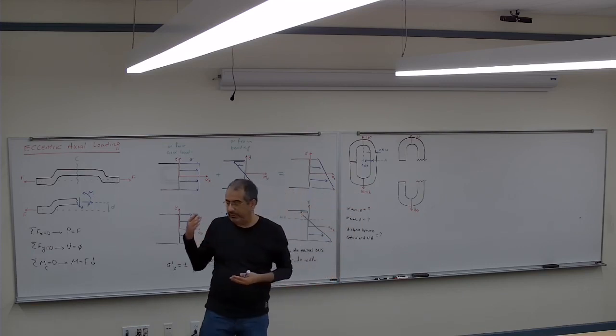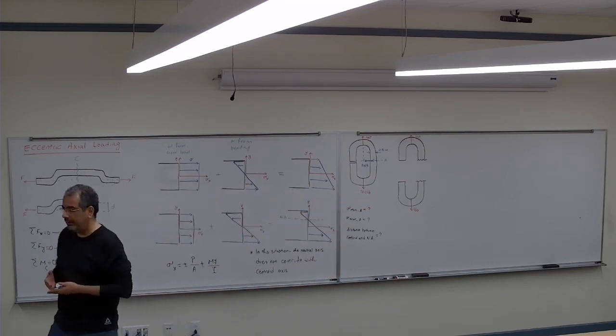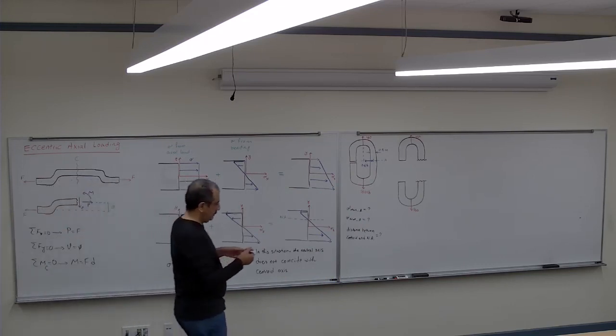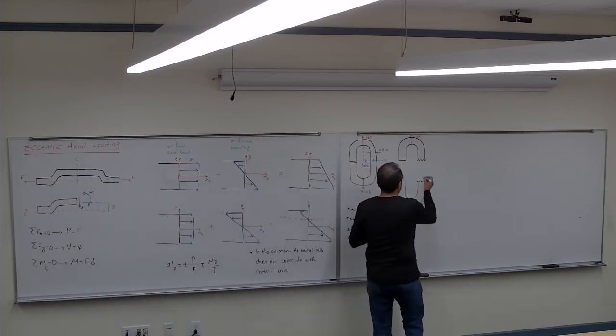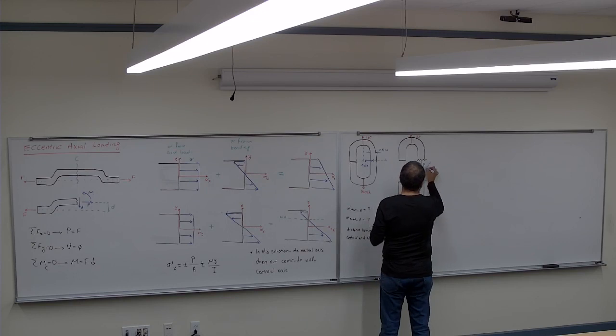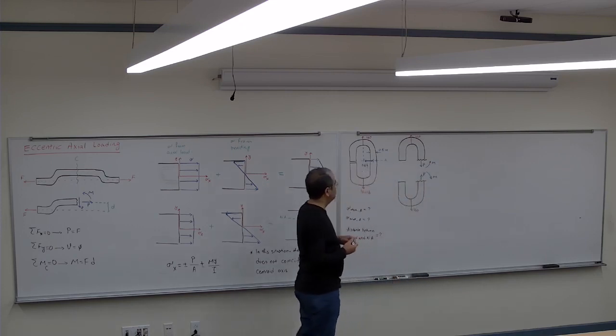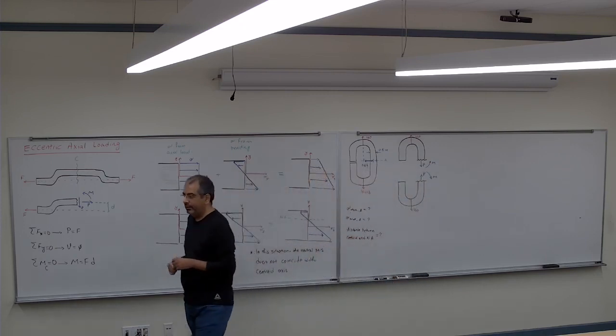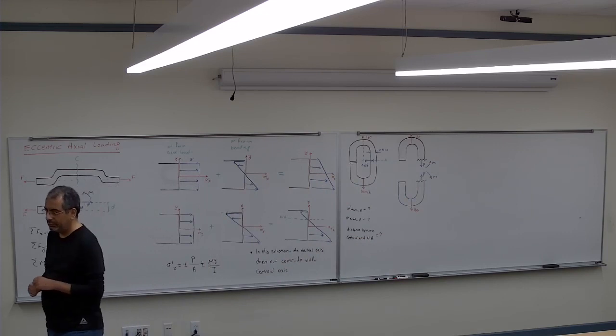There's going to be only the normal force and the moment. So the normal force is going to be P, and the moment M, on each of these cross sections. That's what I'm going to have at those cross sections.